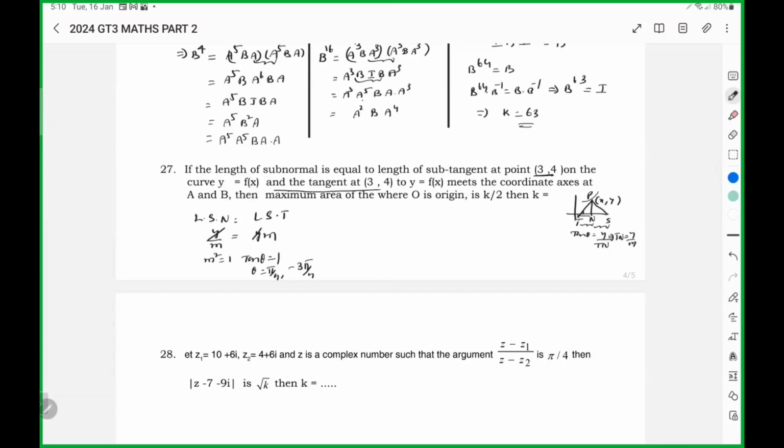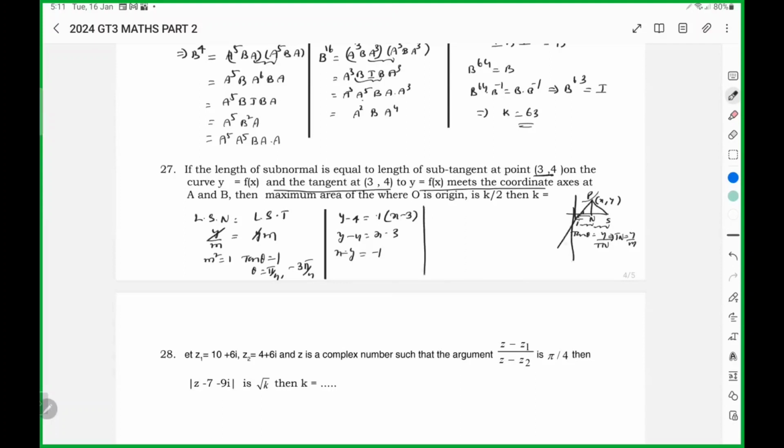And the tangent at 3 comma 4 to f(x) meets the coordinate axes at A and B. So here y minus 4 is equal to slope, if you take 1, y minus 4 is x minus 3. X minus y is minus 1.